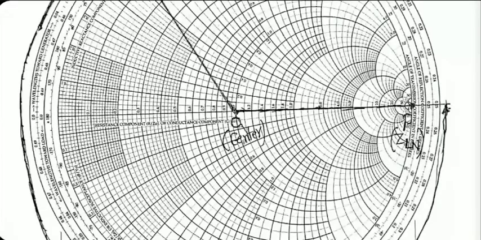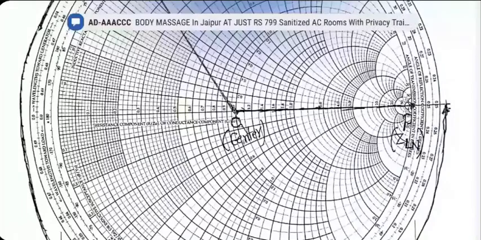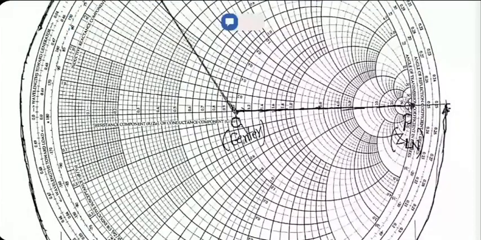Sorry, actually, angle of transmission coefficient is the first scale. Ignore that. The second scale is for the angle of reflection coefficient, and you try to read it carefully.